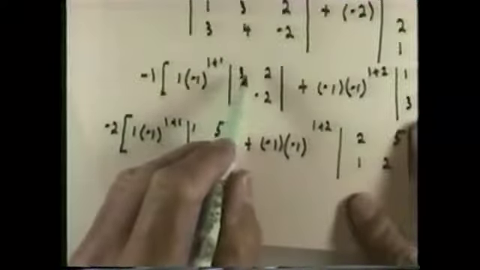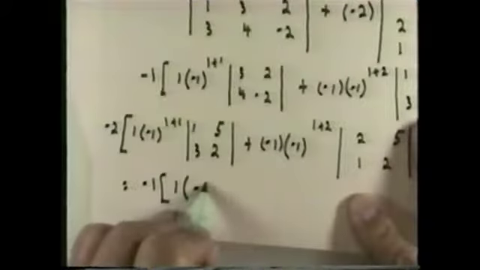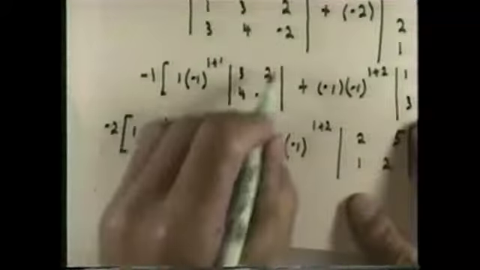This is going to equal a negative 1 times, okay, negative 1 to the 1 plus 1 is positive 1. Positive 1 times 1 is 1 times, to do this, it would be 4 times, cross multiply this way, 3 times negative 2 is negative 6, subtract 4 times 2 is 8.